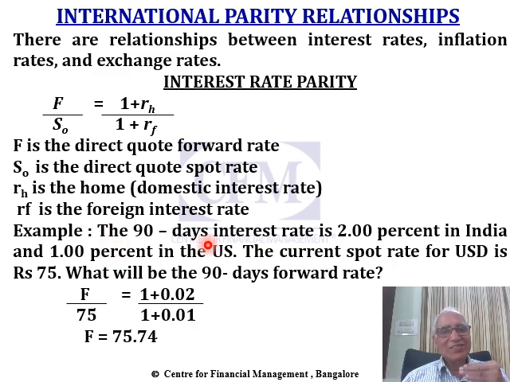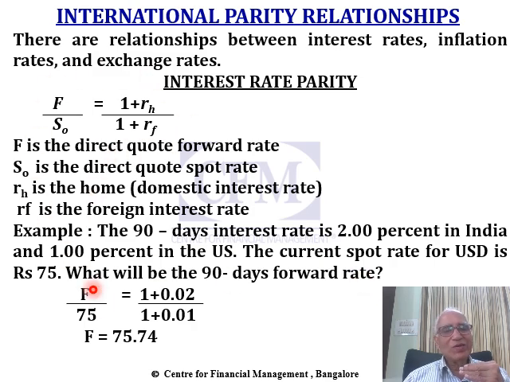The 90 days interest rate in India is 2%, which means that the domestic interest rate is 2%, and the 90 days interest rate in the US is 1%, which means the foreign interest rate is 1%. The current spot rate for US dollars is rupees 75. What will be the 90 days forward rate?